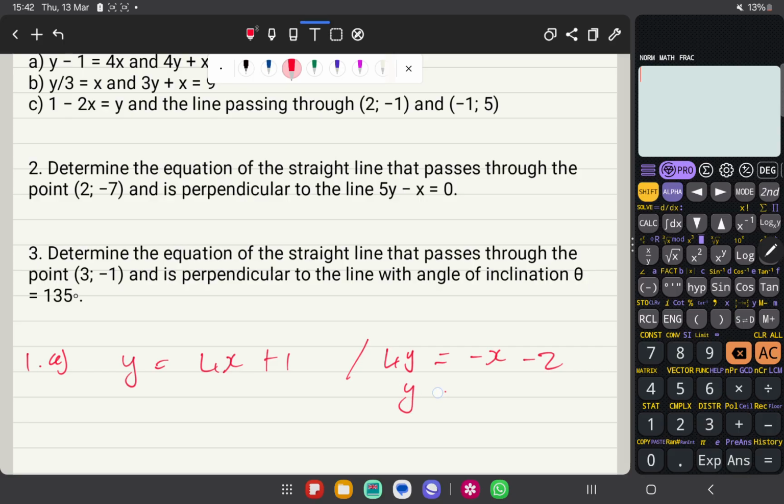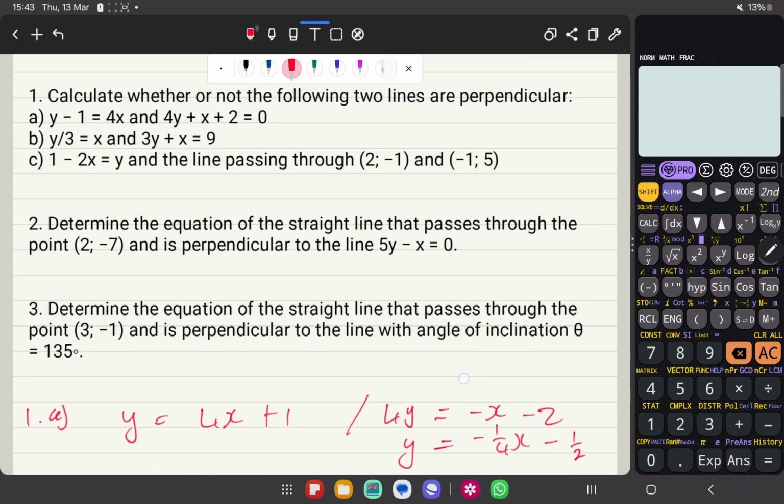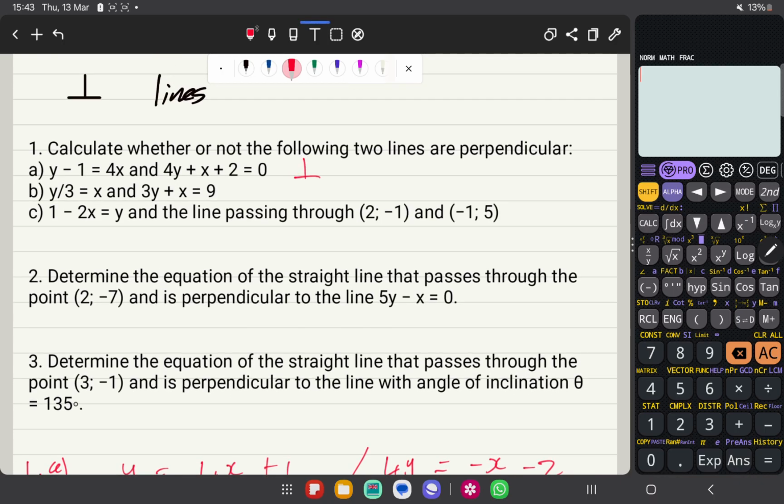Then I divide by 4 all over. I have minus 1 over 4 x, then minus 1 over 2. Then I have my gradients there. I can say m1 times m2. Gradient 1 multiplied by gradient 2, that's 4 multiplied by negative 1 over 4, and I get exactly minus 1, saying that these two are perpendicular. Done and dusted.